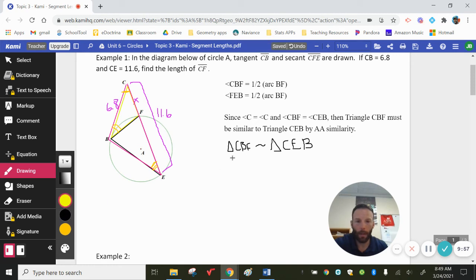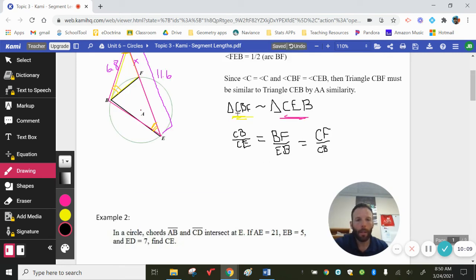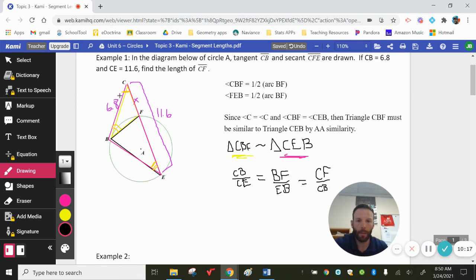So my yellow triangle CBF is similar to my pink triangle CEB. Since the triangles are similar, the corresponding sides must be in proportion. So the side CB corresponds to side CE, BF corresponds to EB, and lastly, CF corresponds to CB. Now, this is my equation that will help me figure out what that length from C to F must be.